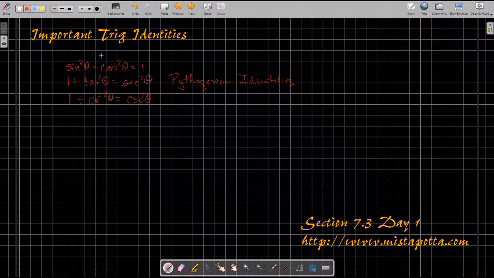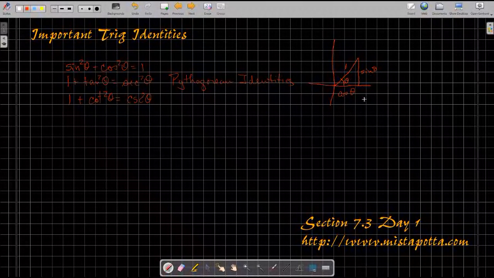And of course, all of these come from the idea that when I'm dealing with my unit circle's triangle, my x-coordinate is cosine of theta, my y-coordinate is sine of theta, and because it's a unit circle, my hypotenuse is 1.